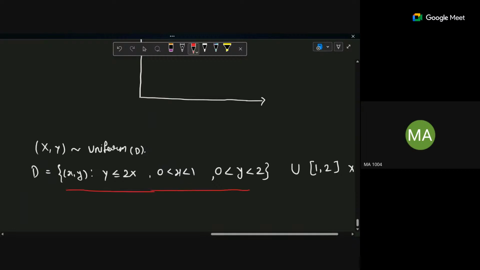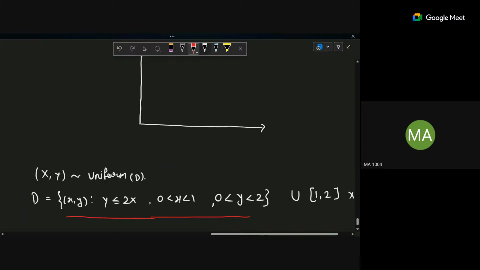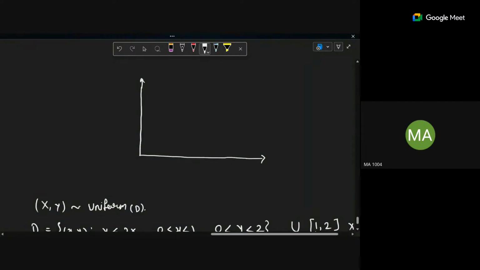Okay, so y is equal to twice x. What should it be? Let's say x is 1 here and 2 somewhere here, and y takes 1 somewhere here and 2 somewhere here. So when x is equal to 1, what should be y?